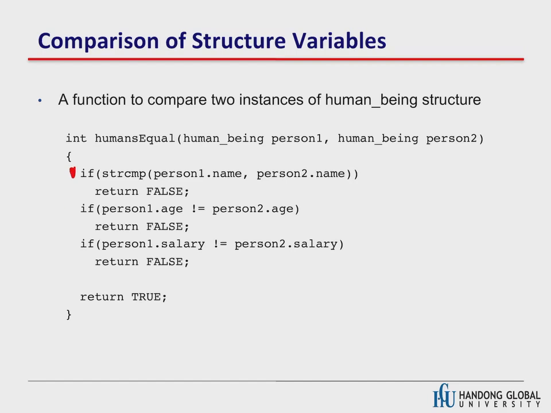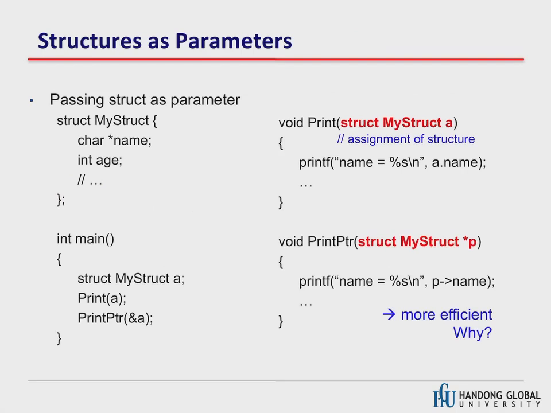If they have different names, we return false. If they have different ages, we return false. If they have different salaries, then they are different people. So we have to implement this comparison function. Once you define your own structure, you probably have to define these comparison functions if you want to compare.